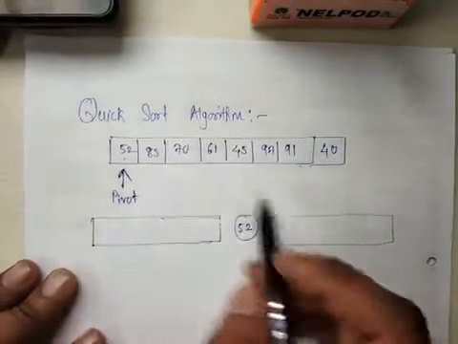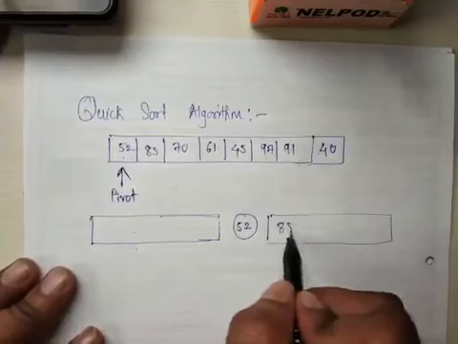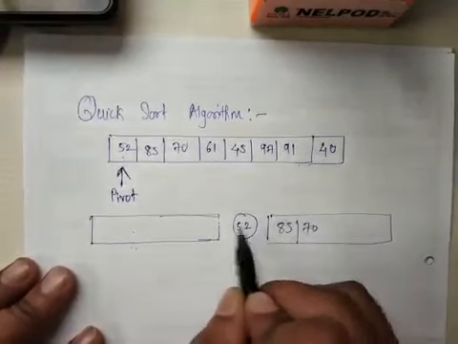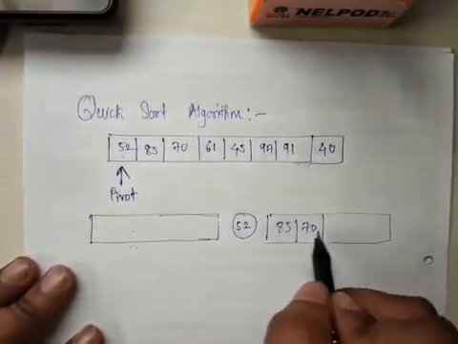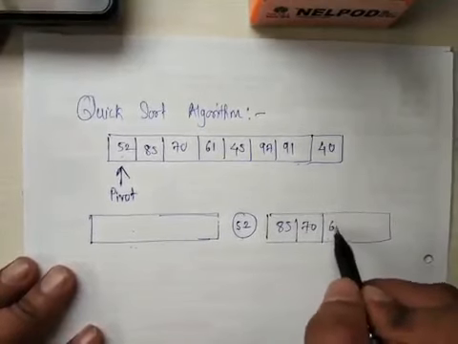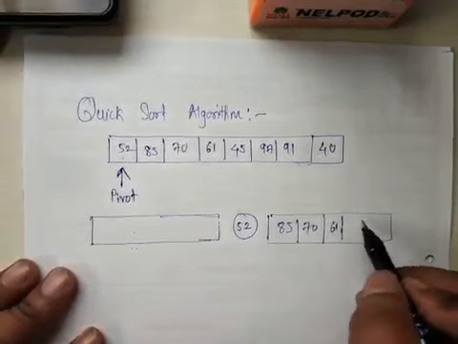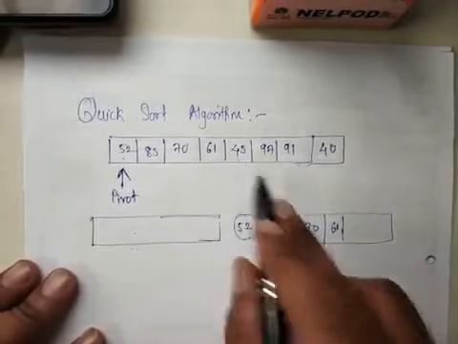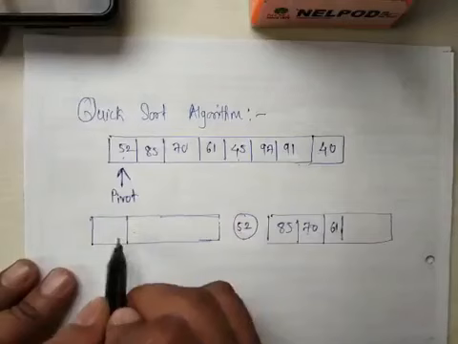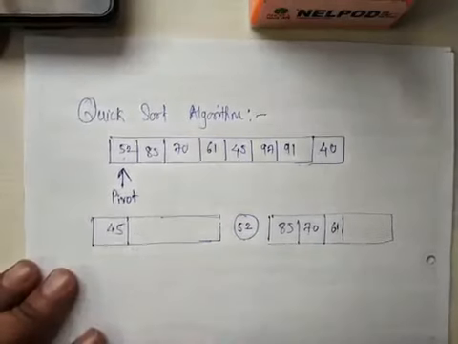So 85 comes here. This 70 is greater than 52, that's why it comes in this array. 61 again is greater than 52, it comes in the second sub array. 45 is less than 52, that's why it comes in the first sub array.